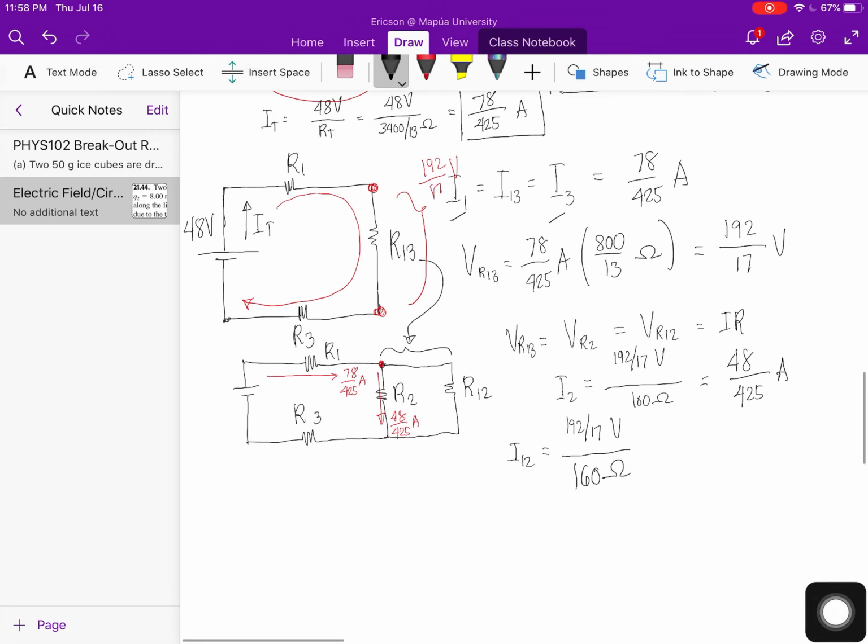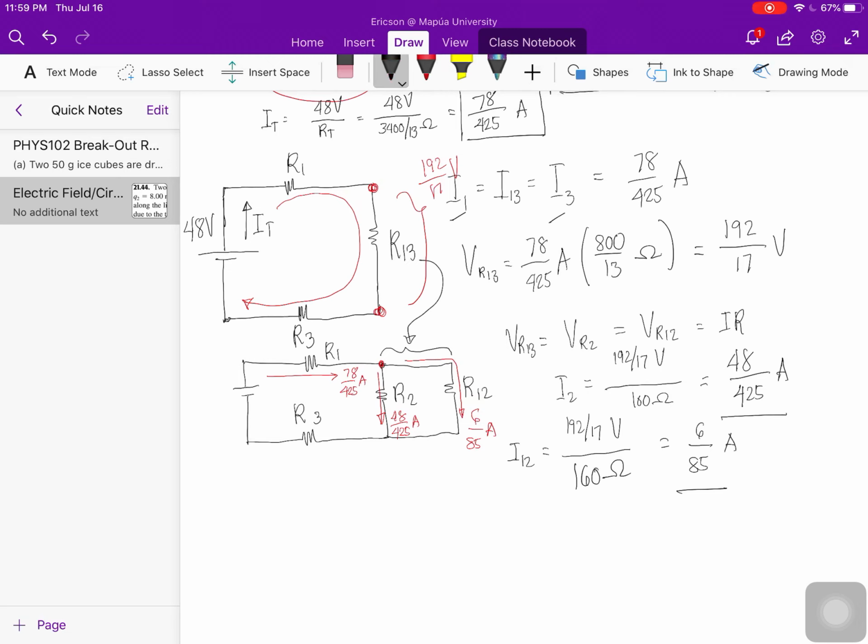So over 160 ohms equals 6 over 85 amperes. Look, ito yun. Paglabas mo dyan, may current ka na dadaan dito. Ito yung I12. Answer daw dyan is 6 over 85 amperes.